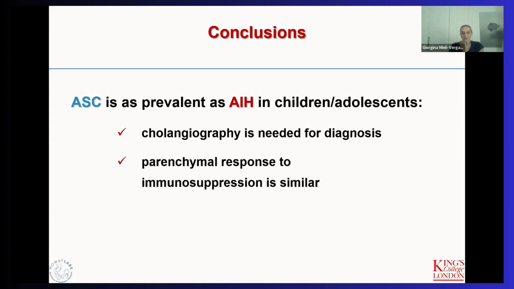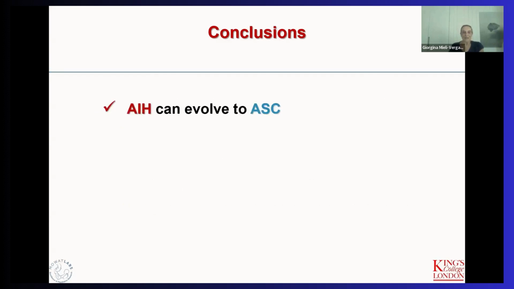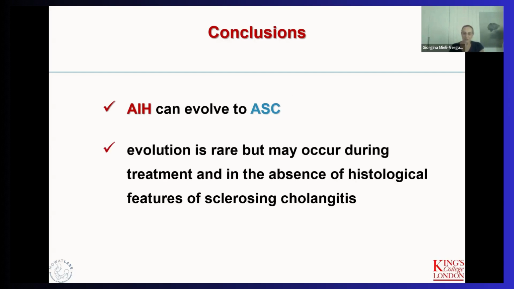The parenchymal response to immune suppression is similar to autoimmune hepatitis, but the bile duct damage in autoimmune sclerosing cholangitis can progress despite treatment. Autoimmune hepatitis can evolve to autoimmune sclerosing cholangitis. The evolution is not common, but it may occur during treatment and in the absence of histological features of sclerosing cholangitis.